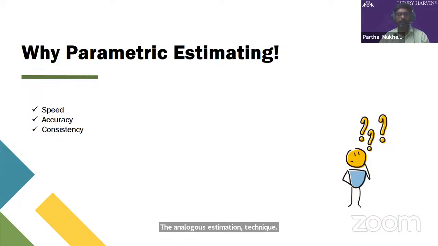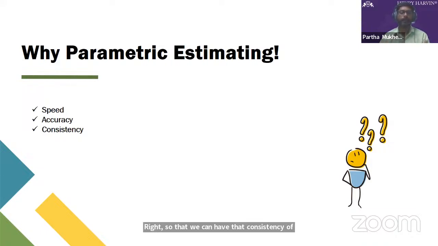Lastly comes consistency. When we talk about parametric estimation, while we are performing the project work, we need to carry on to compare our estimates with the current scenario, so that we can have consistency in understanding our future endeavors.